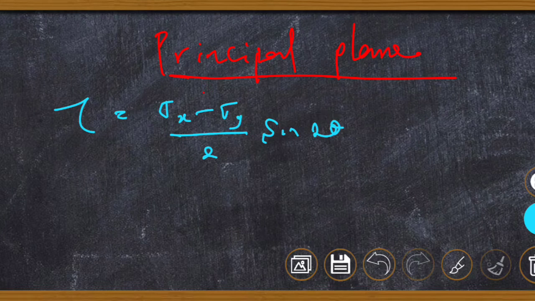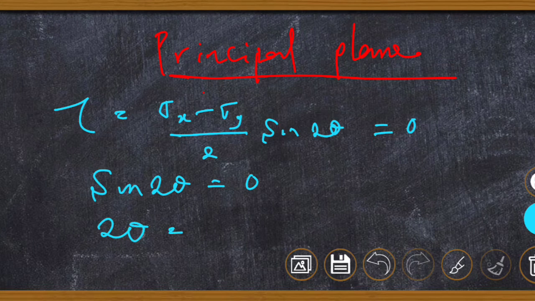That simply means if this shear stress is equal to 0, I'll be left with sine of 2 theta equals 0. That's what I'll be left with here. Now, if my sine 2 theta is equal to 0, then 2 theta will be equal to sine inverse of 0, which can give rise to 90 degrees.